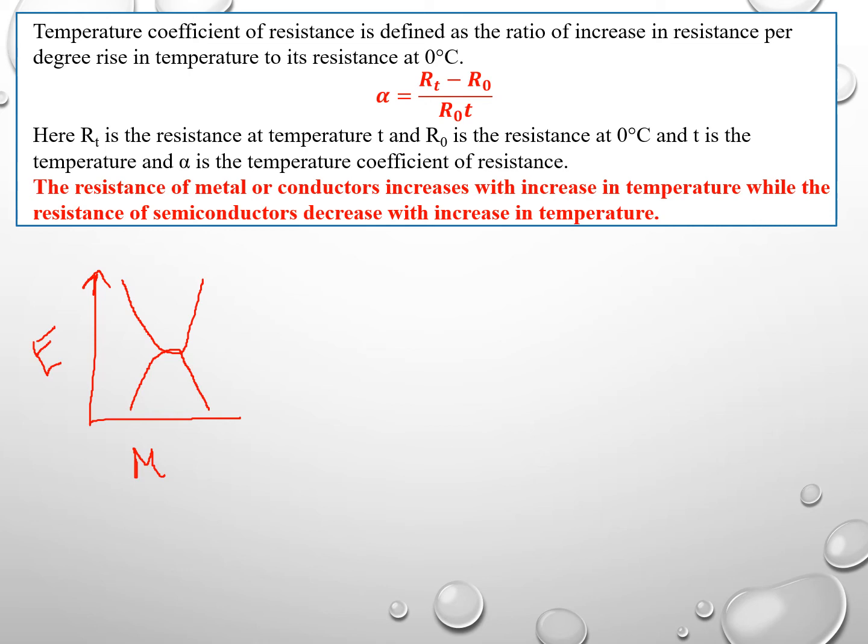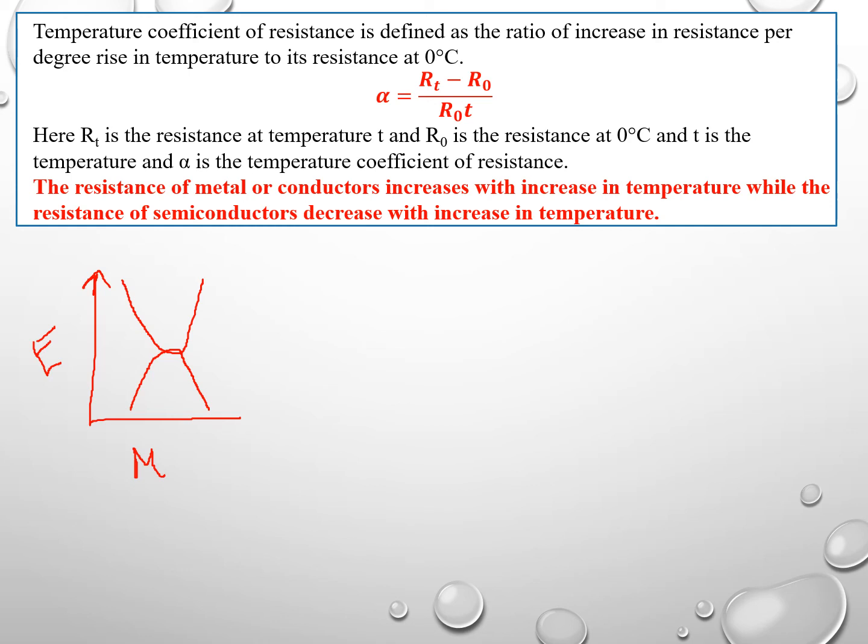When we give temperature to the conductors, the electrons which are already free and already have enough kinetic energy to move, as they get extra energy, they will collide with each other, creating resistance. So whenever we increase temperature in case of metals, the resistance in that metal will increase.